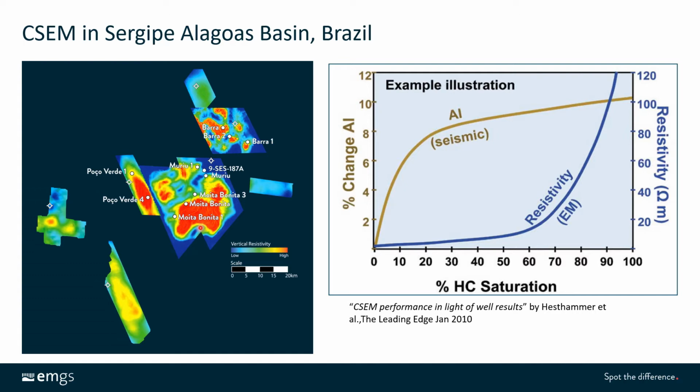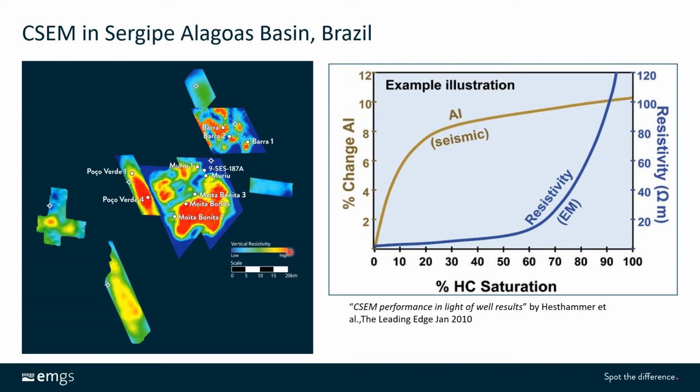So when we did the CSEM, we saw a couple of resistors present in the area. All the names in this map represent a discovery well, and all the wells without any name are basically dry wells, and you can see easily that they are sitting on the conductor.